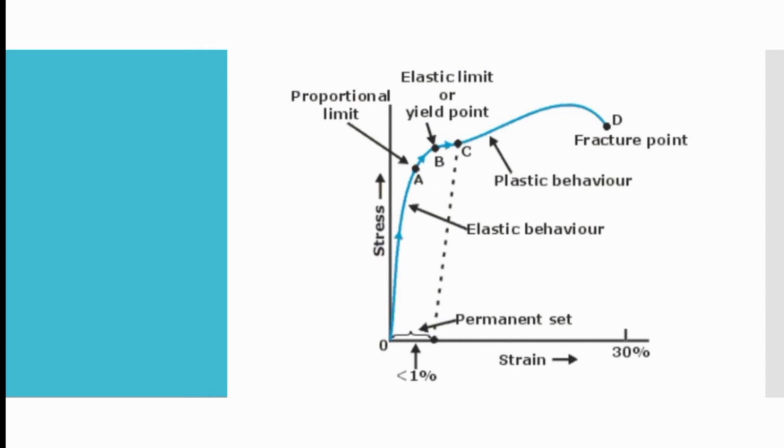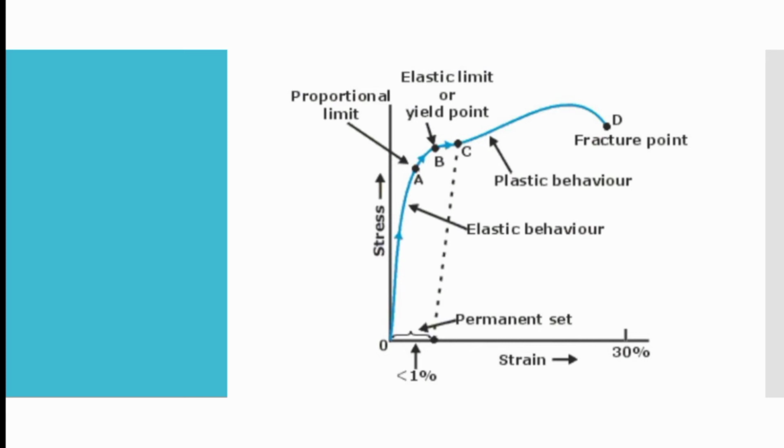Up to elastic limit, the deformation of the material is not permanent. The material can take back its original shape and dimension. But the difference between the proportional limit and elastic limit is that up to proportional limit, stress is directly proportional to strain.